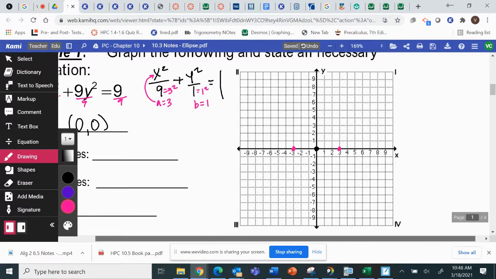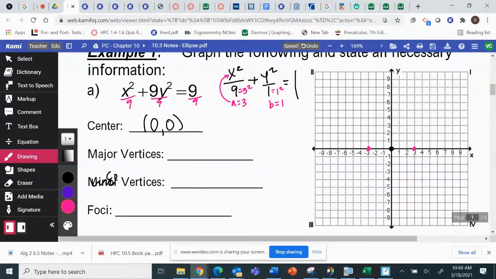Now, you're going to write the endpoints on this line. So there's 2 ways we could get the endpoints. Way number 1, look at the graph. We just plotted them. Way number 2 would be to take your center, and we added and subtracted 3 to the x value of the center. So way number 2 would be to plus or minus 3 to our center point.